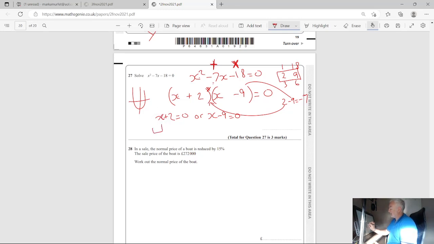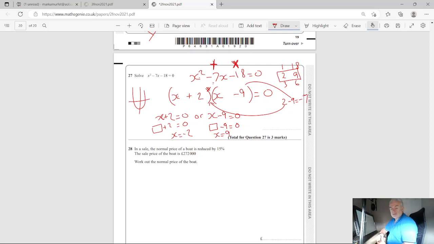So what's x equal if I add 2 to it and it gives me 0? X must equal negative 2. So x equals negative 2. What does x equal if I take away 9 and it still gives me 0? X must equal positive 9. Okay.